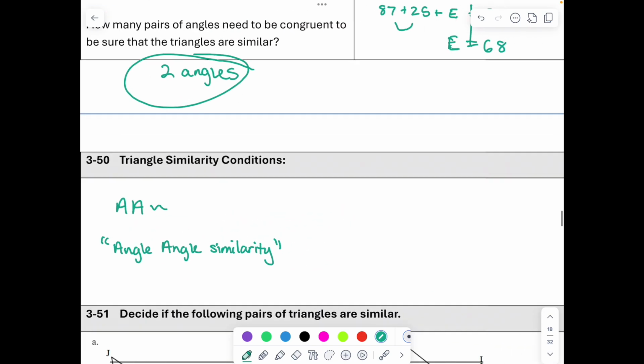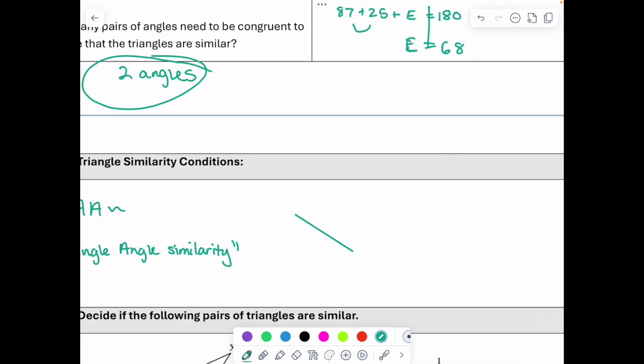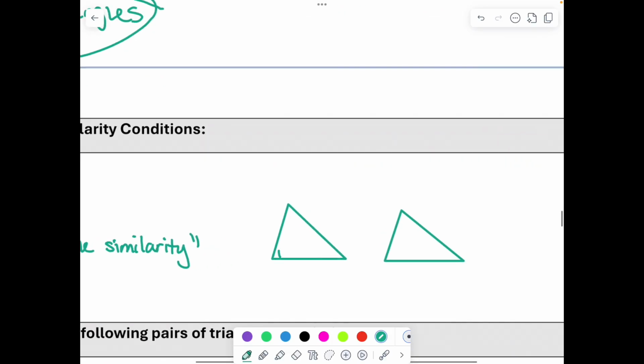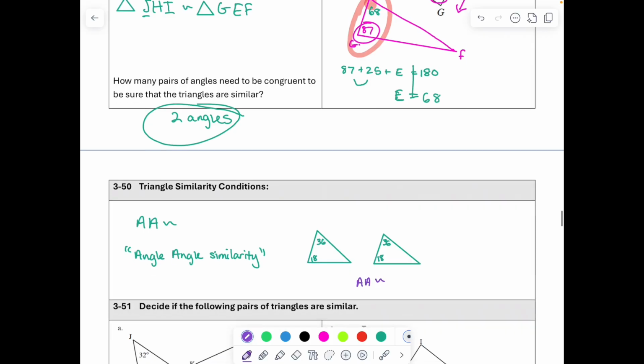And it basically means that if we are given two triangles, let's say we have 18 and 36, 18 and 36, obviously not drawn to scale. If we are given that two of those angles are equal, that is enough to say that the triangles are similar. That's enough proof. So these two triangles are similar by angle similarity.